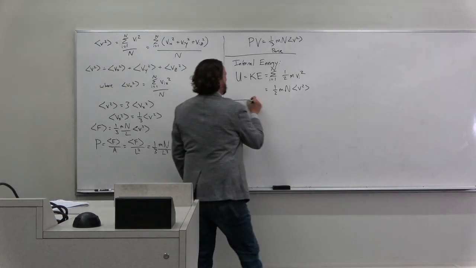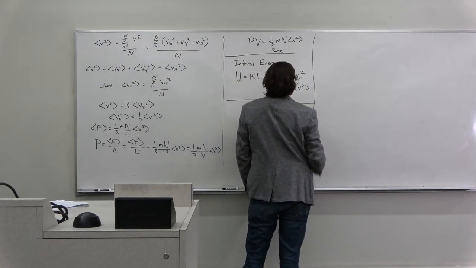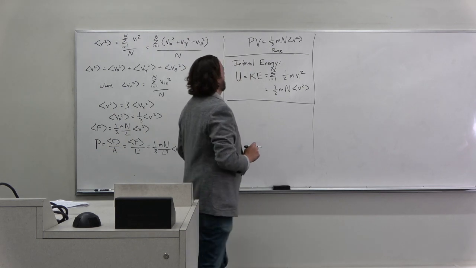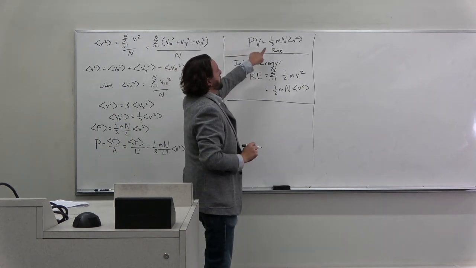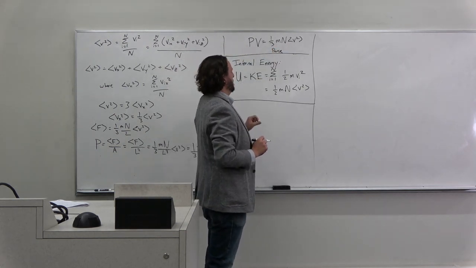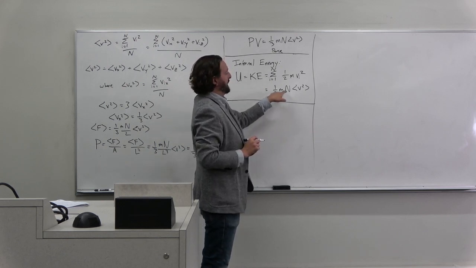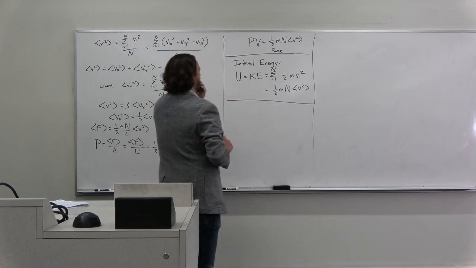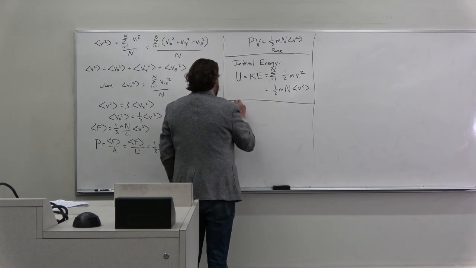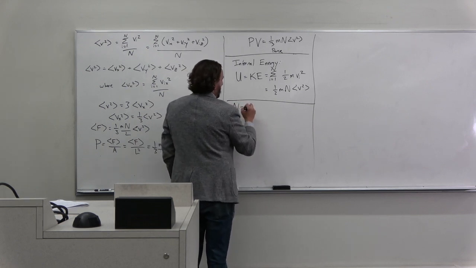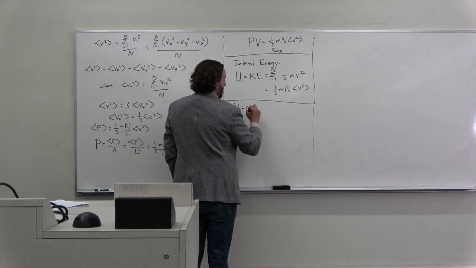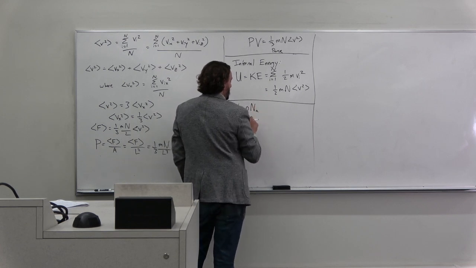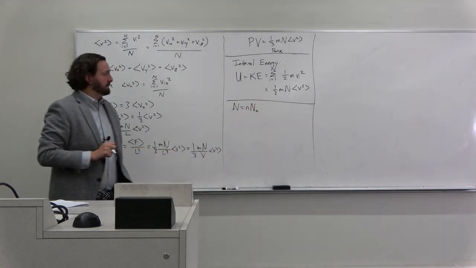Okay, so now let's inspect. We have PV equals 1/3 m n v squared. U is 1/2 m n v squared. Well, the number of atoms we could rewrite as n, the number of moles, times Avogadro's number.